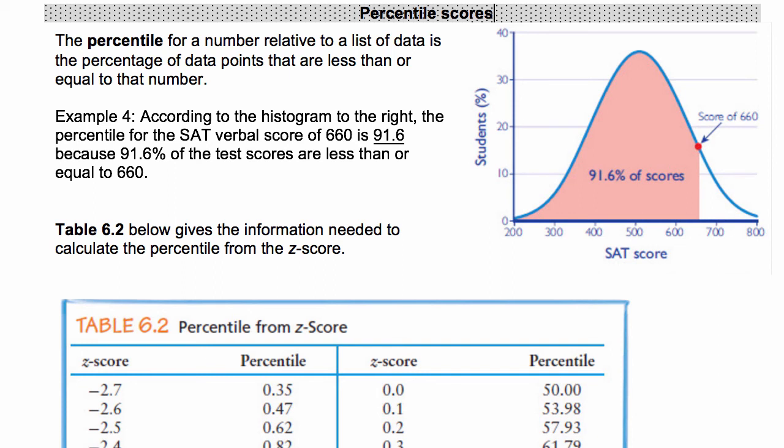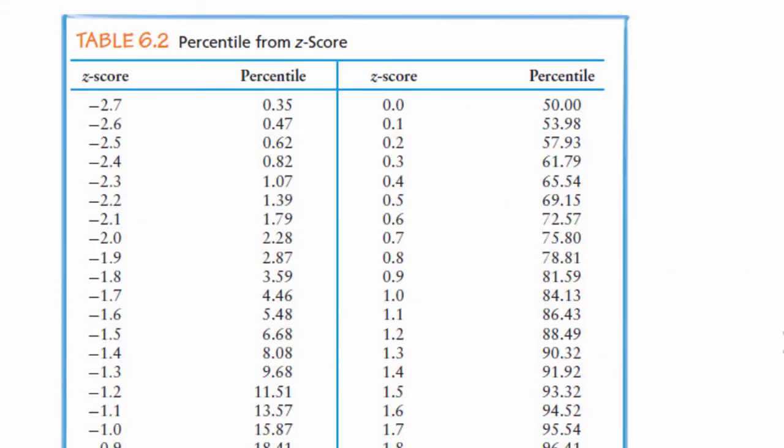Table 6.2 below gives the information needed to calculate the percentile of a data point given its z-score. For example, a z-score of 0.5 corresponds to a percentile score of 69.15. And a percentile score of 93.32 corresponds to a z-score of 1.5.